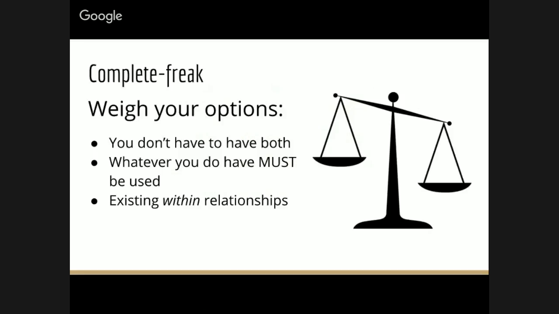Then you know that these two characters are going to interact at some point in the story over these stolen papers. Or these two characters are going to interact and it's going to involve a bloody knife or whatever the given object is.